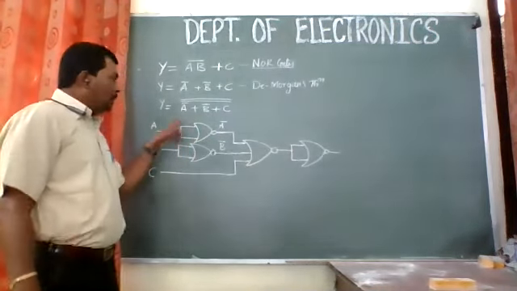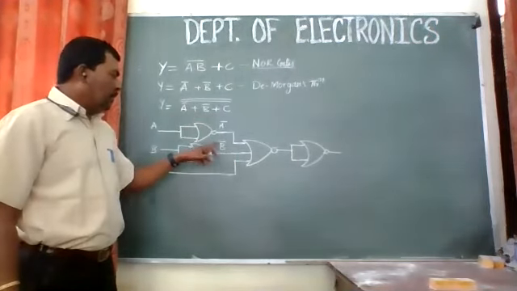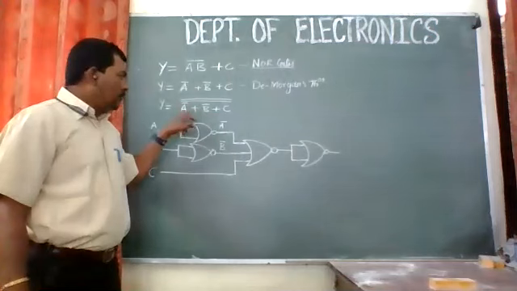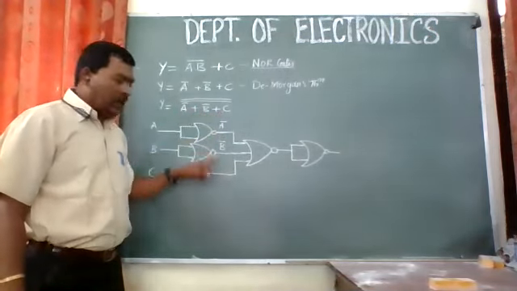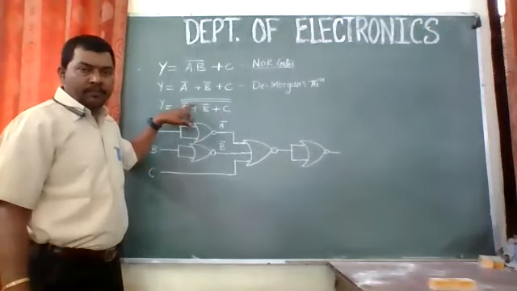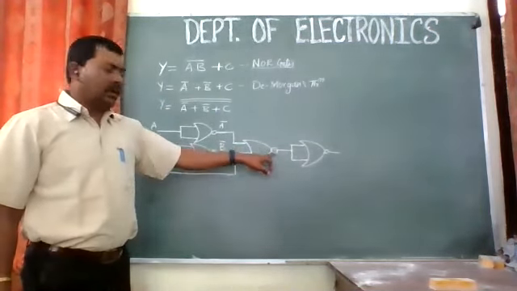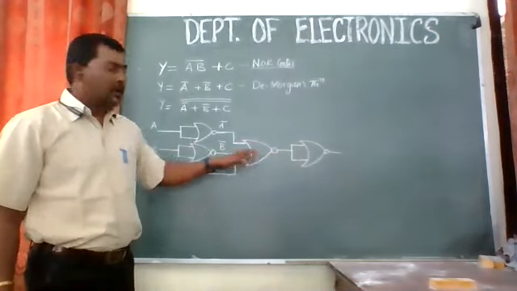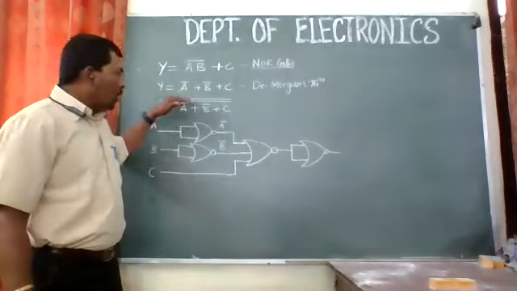The third variable we are putting as it is, that is C. So A complement, B complement, and C. We have added them by using an OR gate, and we have put a bubble, that is a NOR gate.